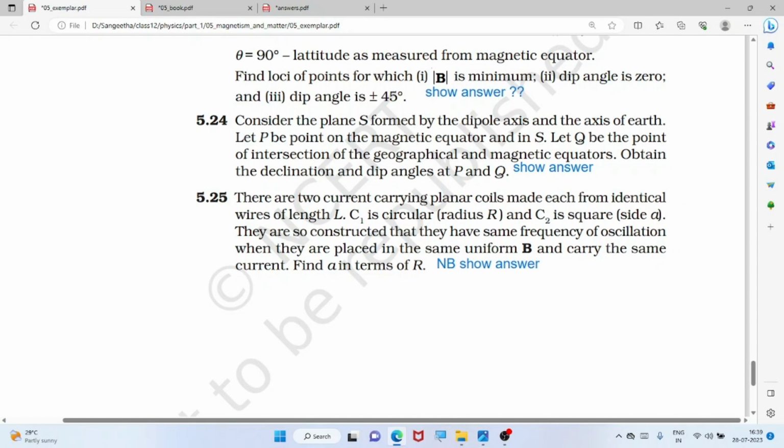They are so constructed that they have the same frequency of oscillation when they are placed in the same magnetic field and carry the same current. Same magnetic field, same current, same frequency, that is omega. Find the side A of the square in terms of R. So same frequency, same current, same magnetic field.